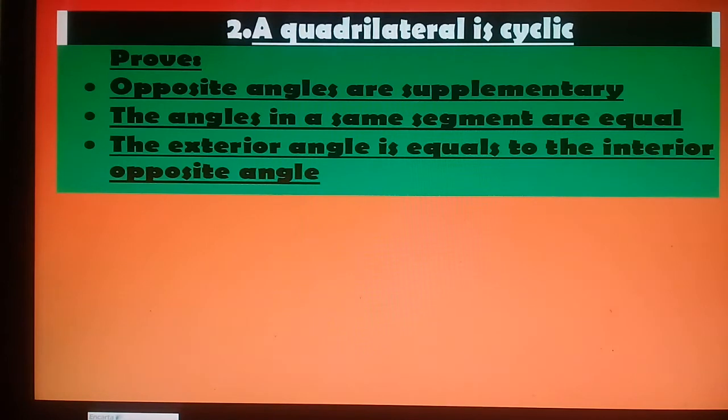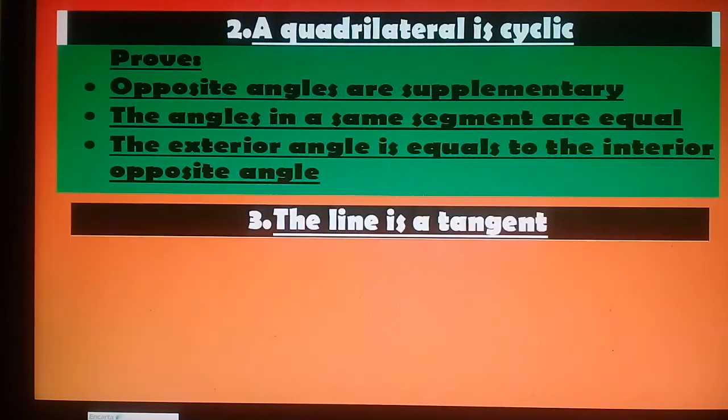Number two, if a quadrilateral is cyclic, then the angles in the same segment are equal. And if a quadrilateral is cyclic, then the exterior angle is equal to the interior opposite angle. We can use any one of these three things to prove that a quadrilateral is cyclic. Wow, how nice. Let us move on.